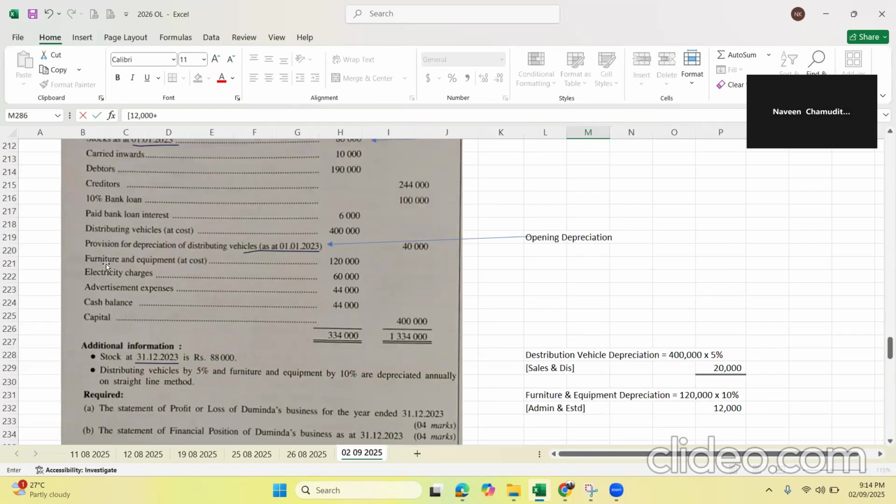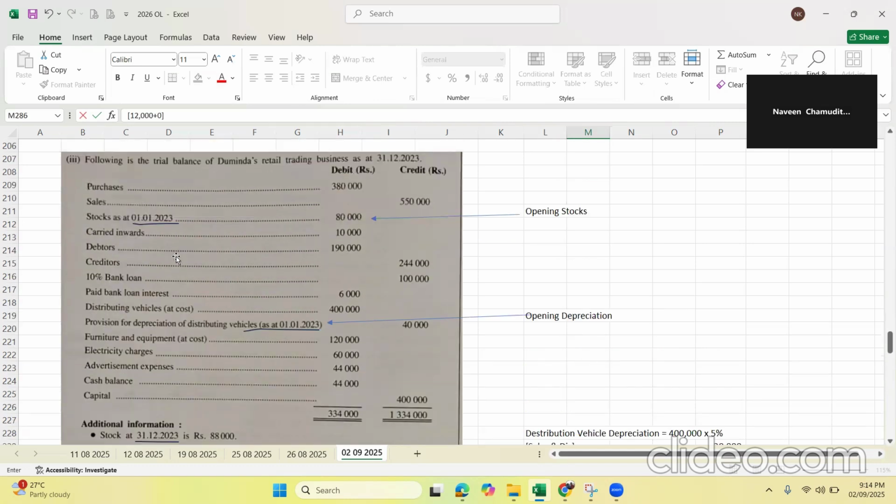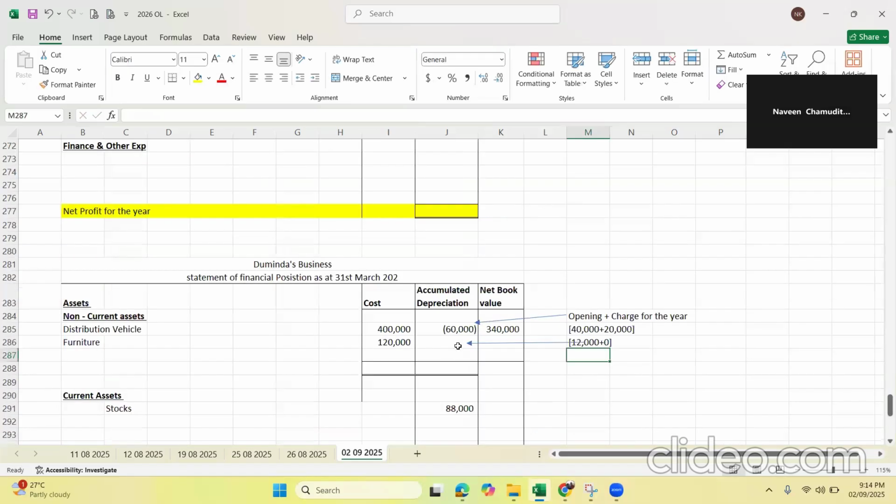See here, furniture depreciation, you don't have an opening balance, that means zero. Accumulated depreciation, furniture they haven't given, that means zero. Then the total accumulated depreciation is 12,000. Then easily you can get the net book value here. Cost minus accumulated depreciation, 120,000 minus 12,000, you get the net book value is 108,000.